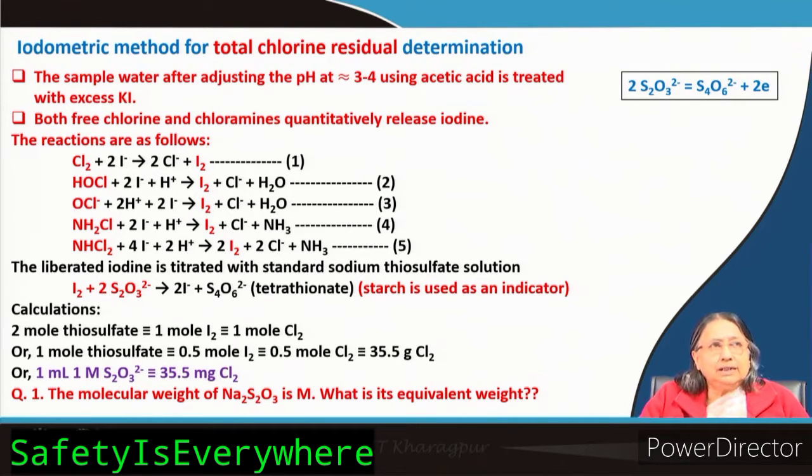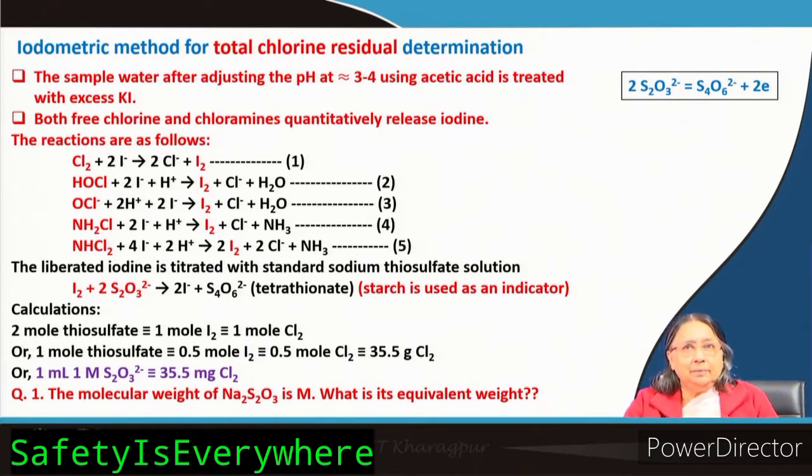We will start adding thiosulfate, and slowly the color will become less intense. Initially if it is brown, it will slowly become yellow. Then when we see the straw yellow color, a very faint yellow, we add the starch indicator, and immediately we see the blue color formation.